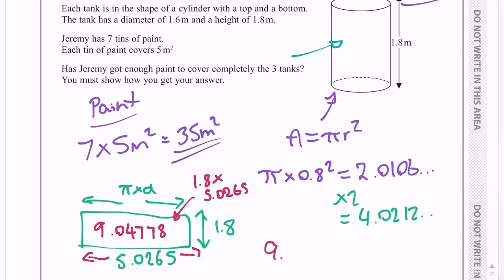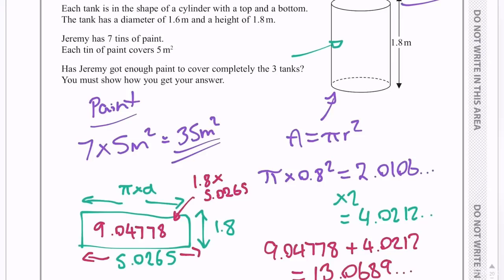So we've got 9.04778, add the 4.0212, and that gives us a total surface area of 13.0689, and again there's a few more decimals there.